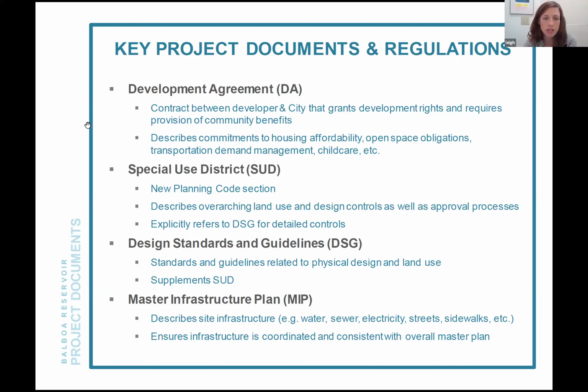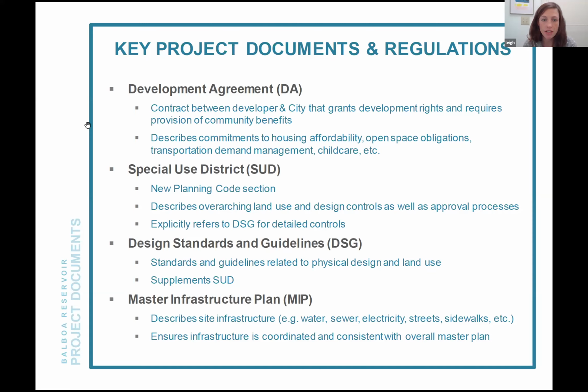The special use district is the new planning code section that specifically pertains to the overarching land use and design controls for the site. And it refers to the design standards and guidelines document, which this committee has spent quite a lot of time looking at.